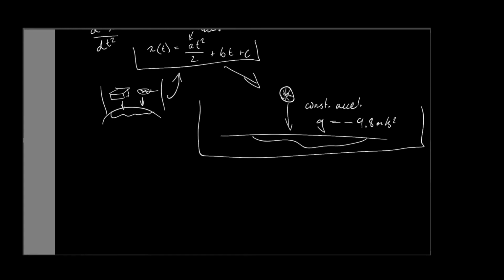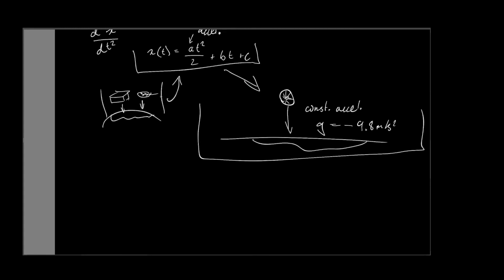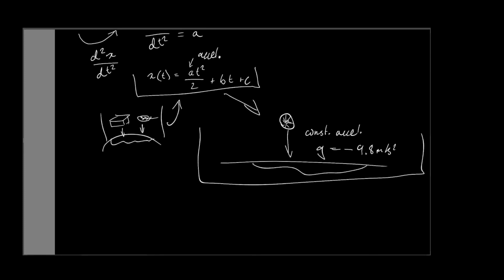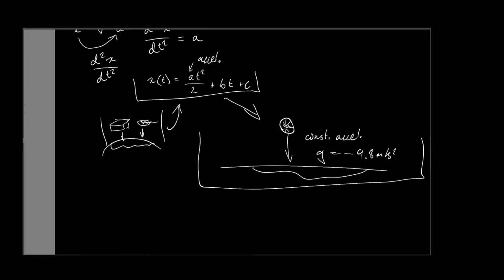Now, because we have now stated and shown that these two things are related, you can actually describe an object that's falling close to Earth with this equation. Though technically it's along the y-axis, so we just change this x to a y. Now we can explain what the variables b and c actually mean in a physical sense.